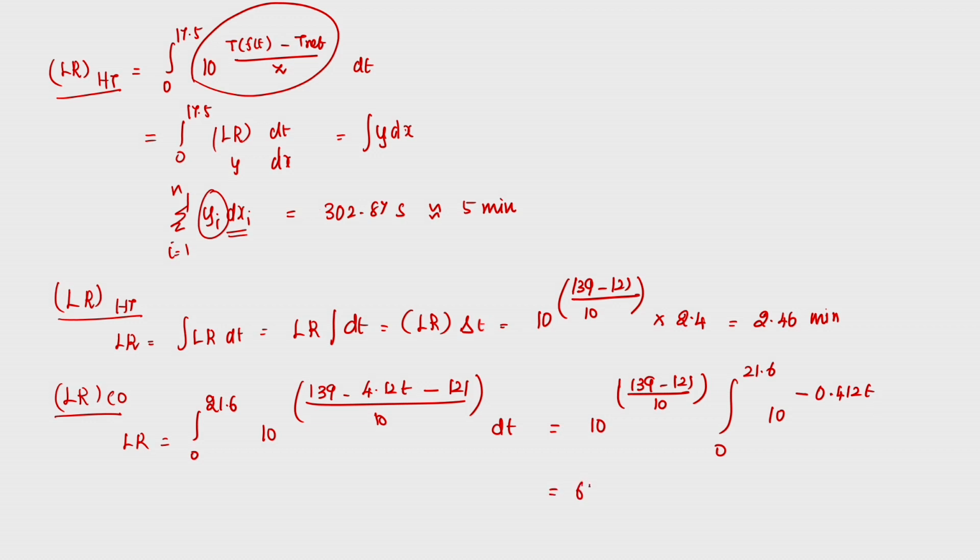So, this is 61.25, then when you integrate it, it is minus 0.412 T upon minus 0.412, with the upper and lower limit to be substituted. So, if you calculate, then it comes around 150 seconds or around 2.5 minute.